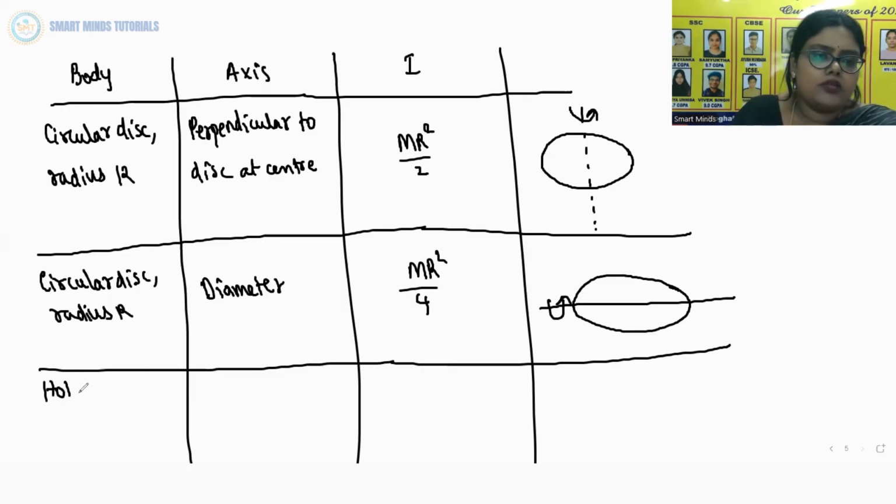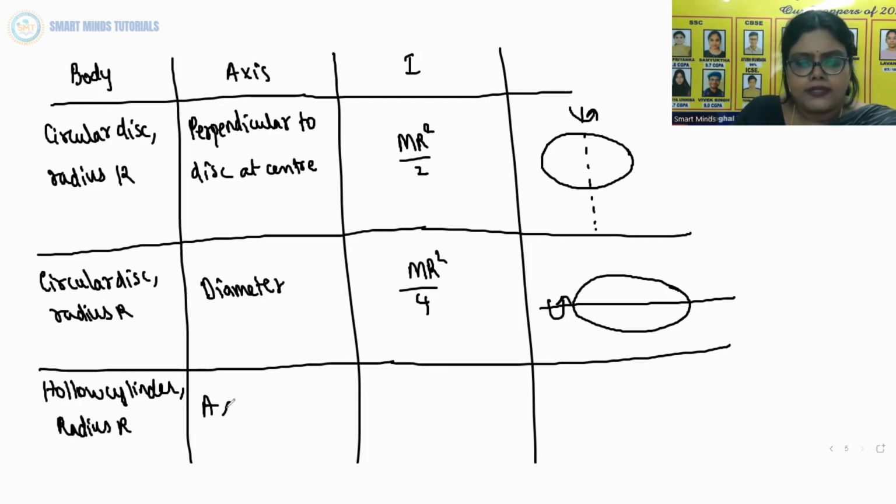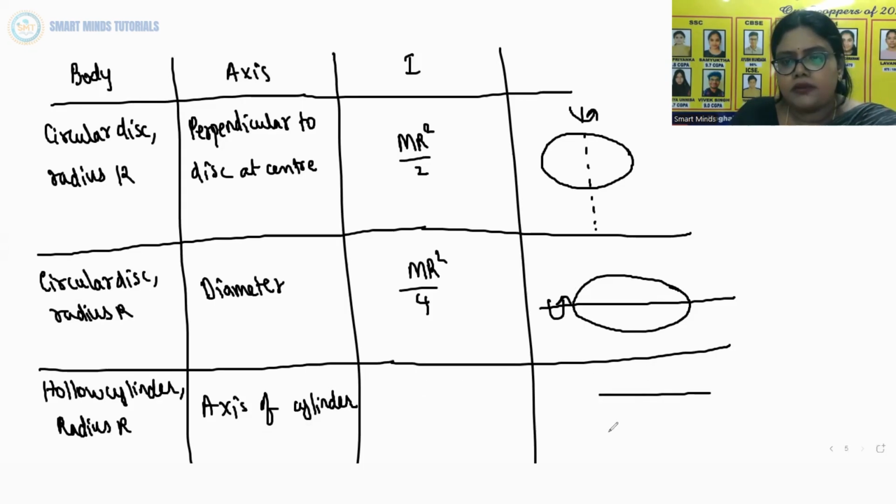Then we have a hollow cylinder. Radius is r, and the axis is the axis of the cylinder. So let's see how the figure is.